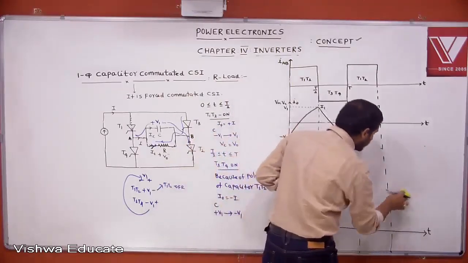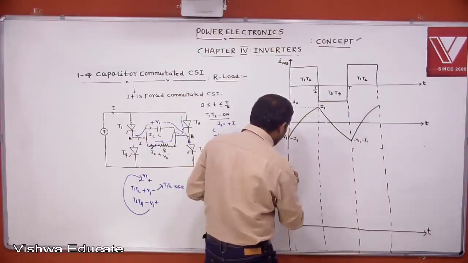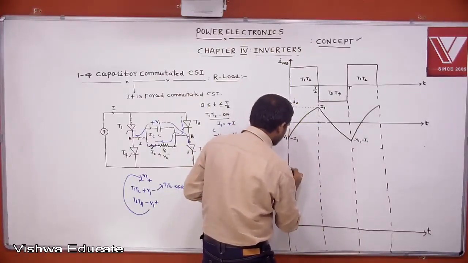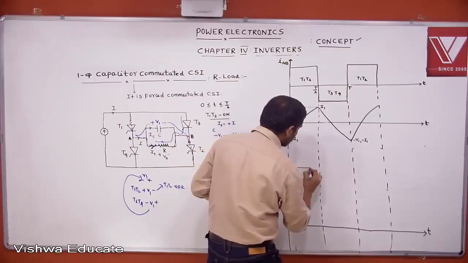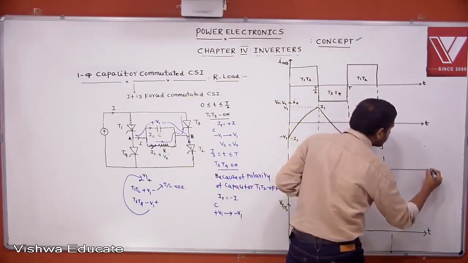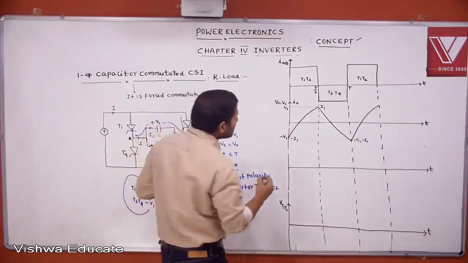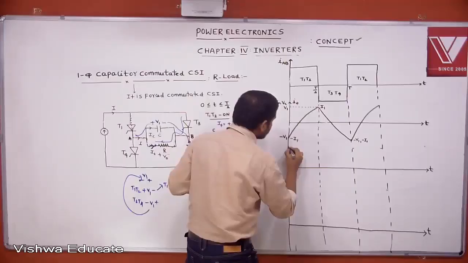Now I am drawing how the current IC changes, the current through the capacitor. You can get it like this.